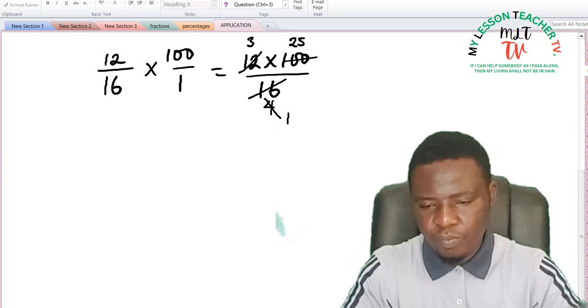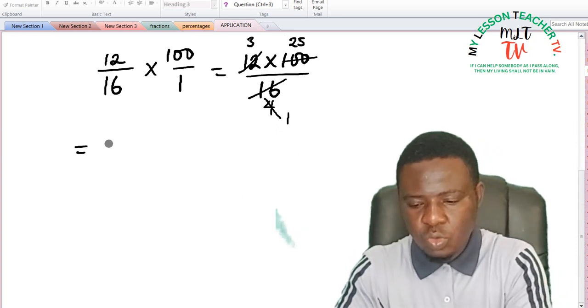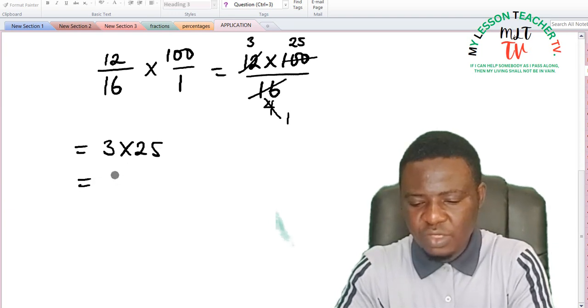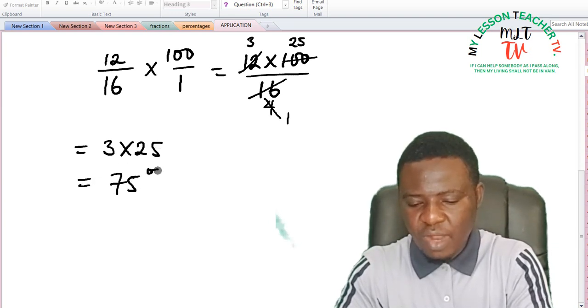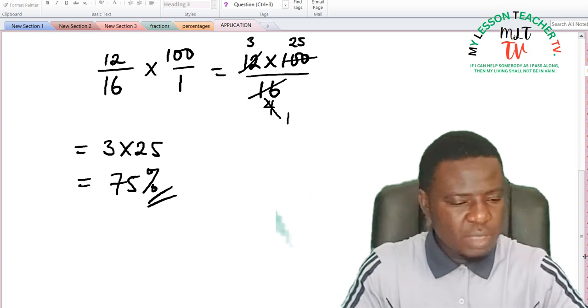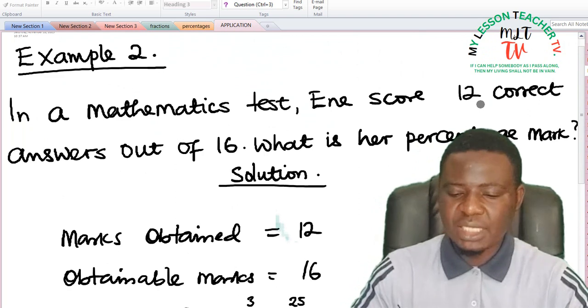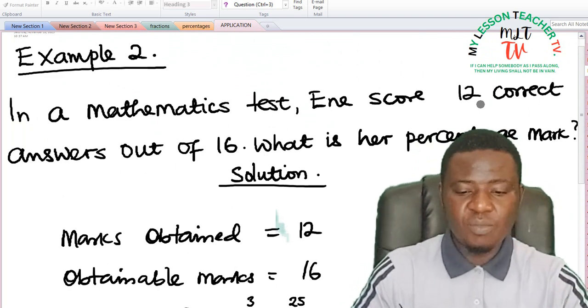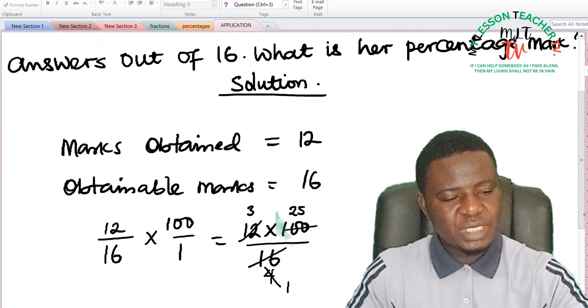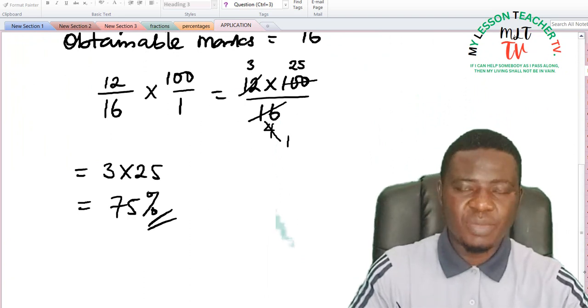So therefore, this is equal to 3 times 25, and 3 times 25 is equal to 75%. So for Ene to score 12 correct answers out of 16, it means that she has a percentage of 75%.